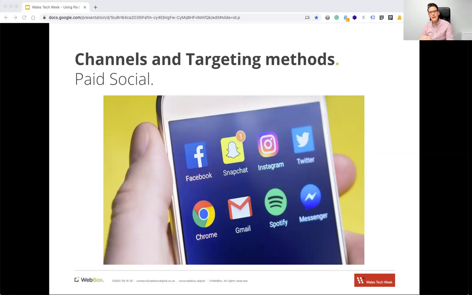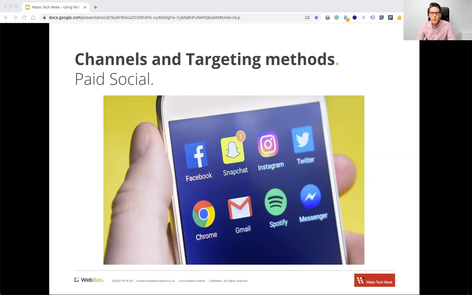So what targeting methods can you use on paid social? You've got quite a few, and they vary slightly depending on the particular paid social platform. Furthermore, some channels will have more data to hand within particular niches than others. For example, if you're a business to consumer organization looking to target users based on their interests, likes and hobbies, then Facebook would probably seem the logical channel to begin with.